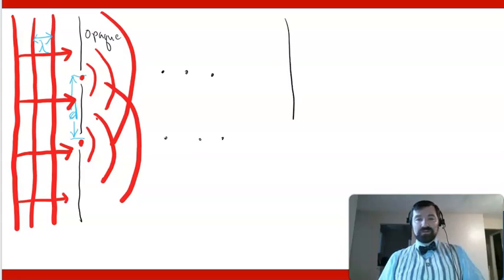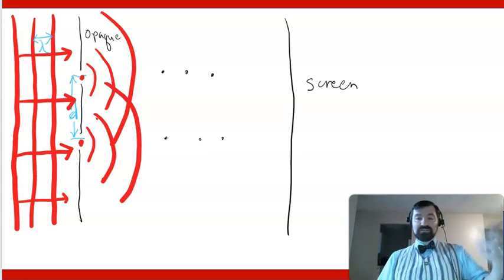After a long propagation distance, we put somewhere over here a screen or some other detector that we can project the light onto. And what we end up seeing on this screen is, well, before I answer it, maybe I should ask, what do you think we see? What do you think we see over here? We have two light sources. So there are some possibilities.